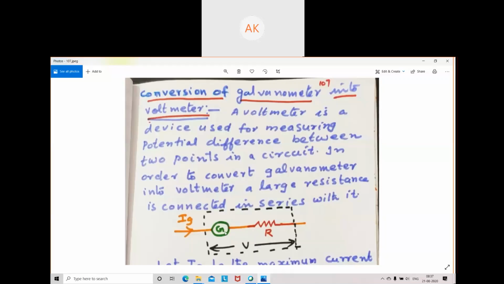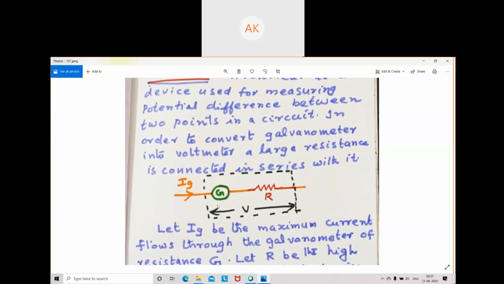So here galvanometer resistance is G. We take galvanometer resistance as G. And this is the high resistance that is connected in series with the galvanometer. So when Ig current flows through it, it gives maximum scale deflection. Scale deflection means what? Here you can see the scale, you can see the readings, 1 division, 2 division, 3 division, like that divisions are there.